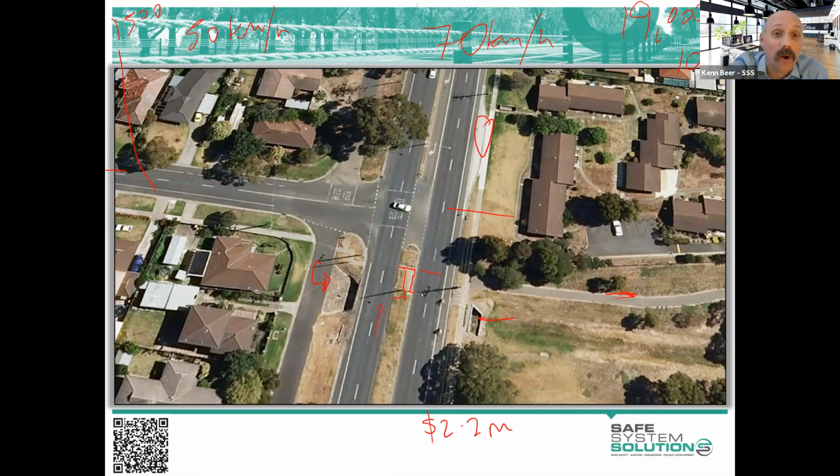Can we close this whole thing off? No, the answer is no in this one, because we must maintain that access in all directions. So being able to turn in from this way, turn out. So that's number 2. Can't close the intersection as much as you wanted to, and I applaud you for that thinking.